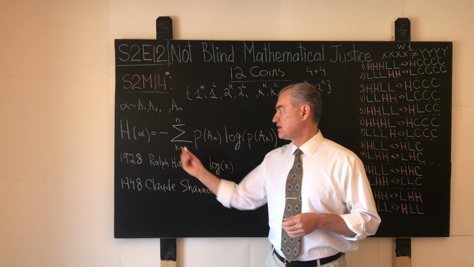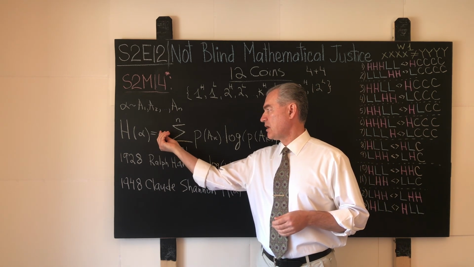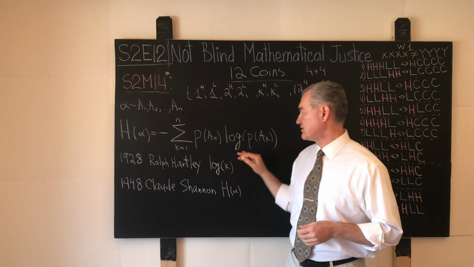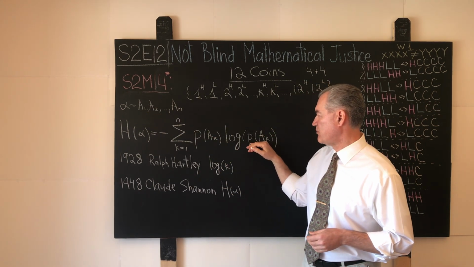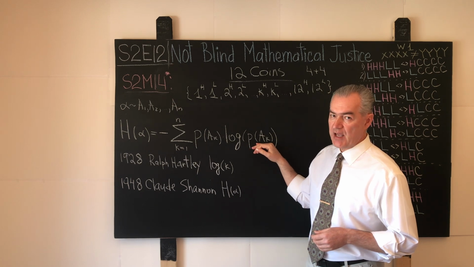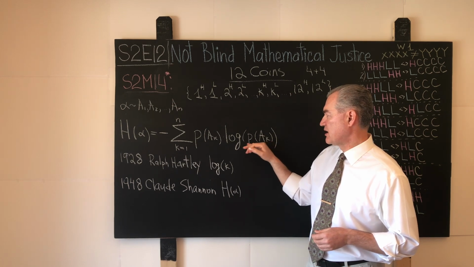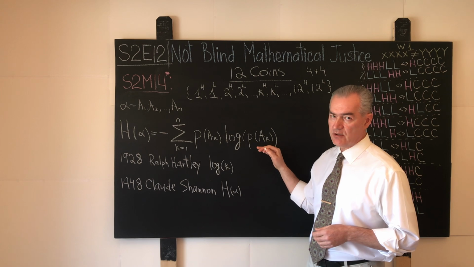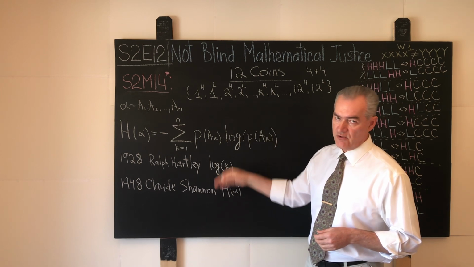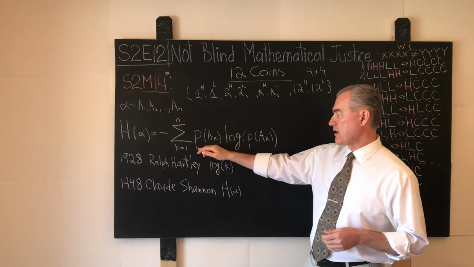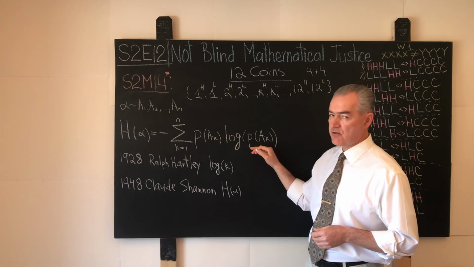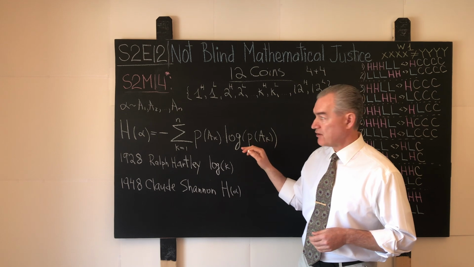It has the net minus sign in front of it because the probability of each outcome, captured with p of A k, ranges between 0 and 1. The value of the logarithm, as we remember, is negative over here. So when we multiply probabilities by the logarithm of probability, that comes out to a negative.